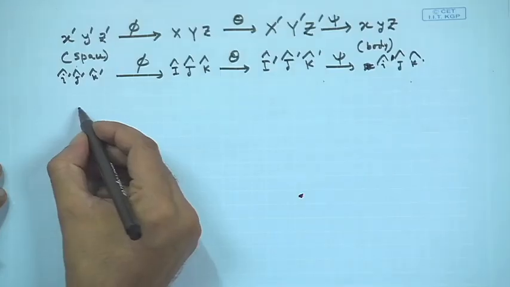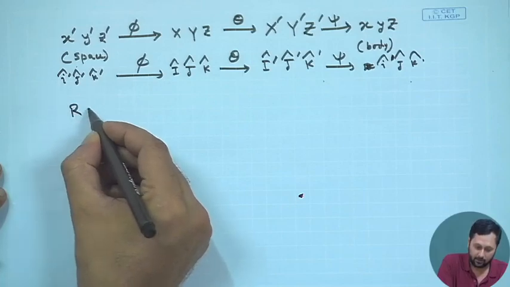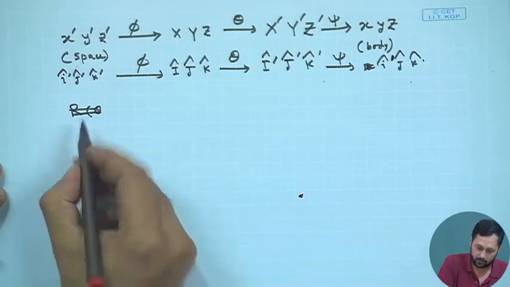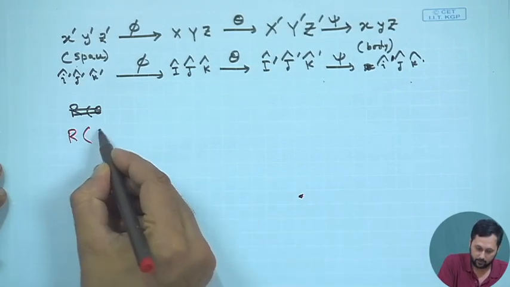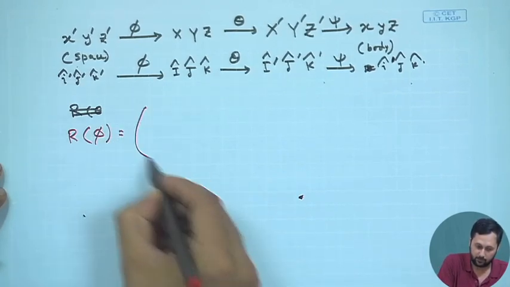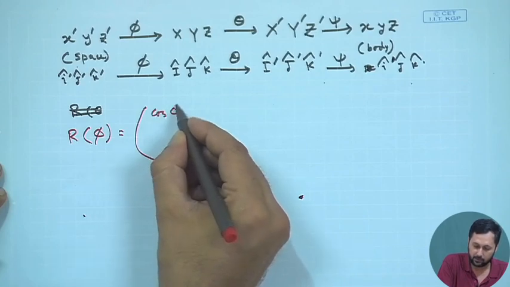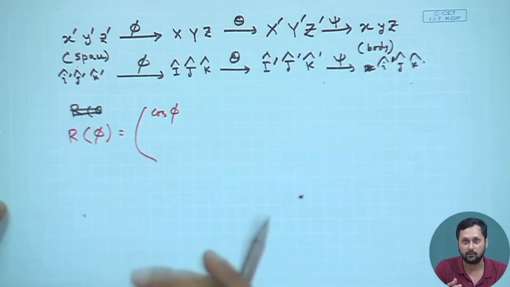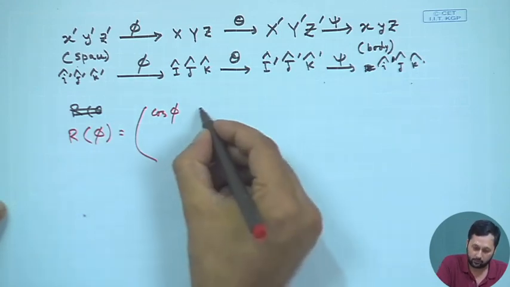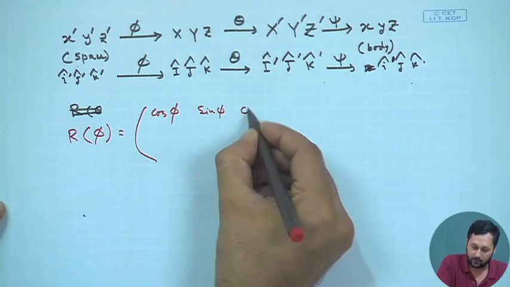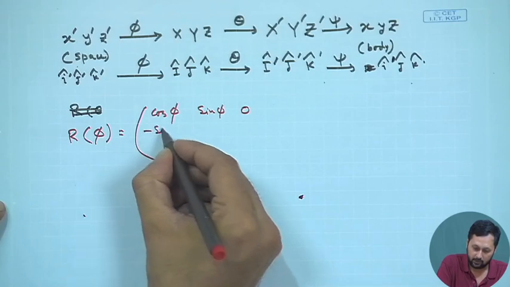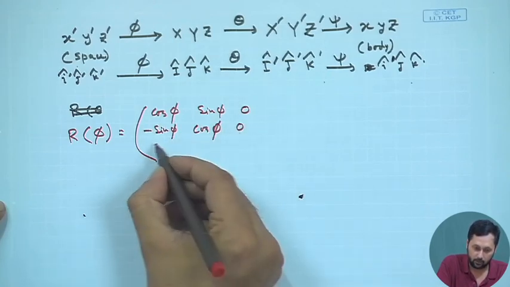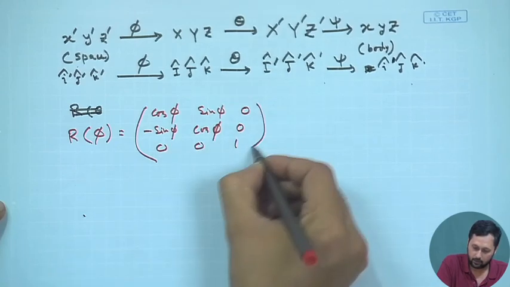So, this rotational transformation matrix, if I write it out, first we have to start with R phi. Please remember that the phi rotation is around the z direction. So, we have cos phi, sin phi, 0, minus sin phi, cos phi, 0, 0, 0, 1.